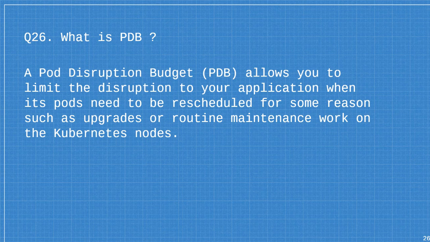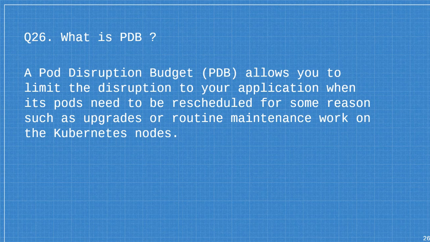We require at least 3 pods at any cost. We can't let our application go below 3 pods. So what we can do is define the object pod disruption budget. We can define the minimum available, so that at any cost our 3 pods will be running.